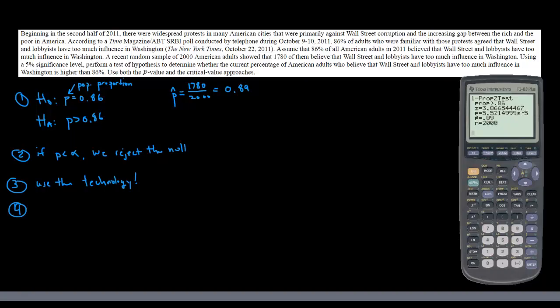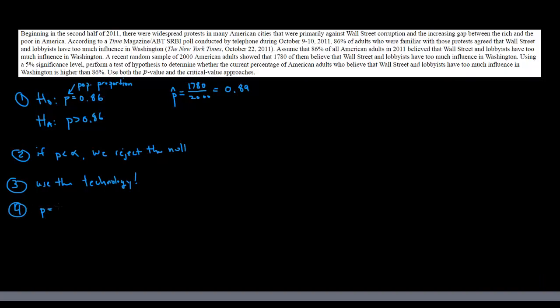So go over here, we can say P equals 0.0000552. That's our P value. That is certainly less than alpha, which alpha was set to 5%, so 0.05.